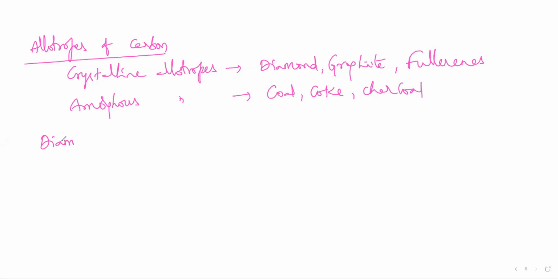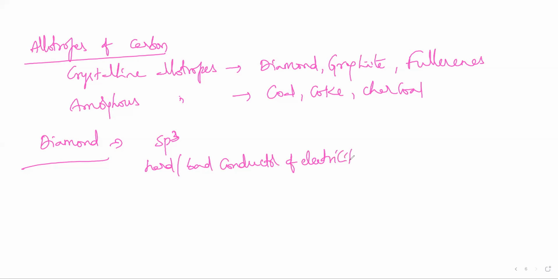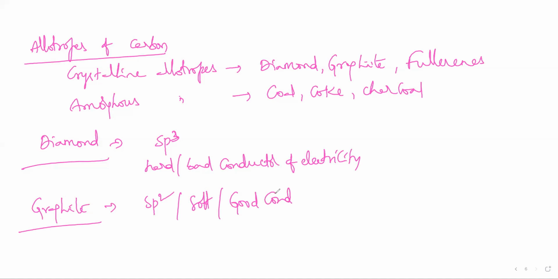Diamond. What is the hybridization? sp3 hybridization. Diamond is hard and a bad conductor of electricity, whereas graphite, what type of hybridization is present? sp2, but this is soft and a good conductor of electricity.